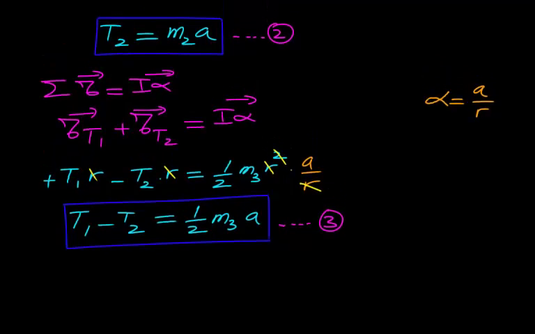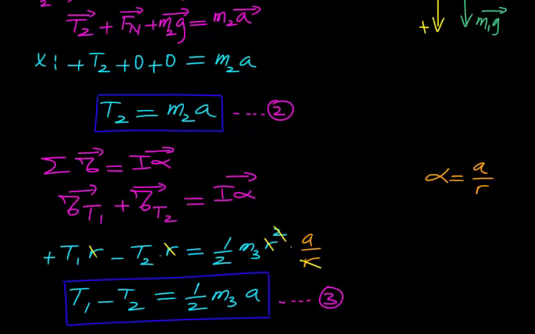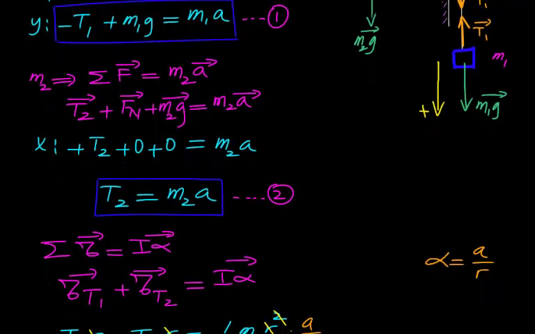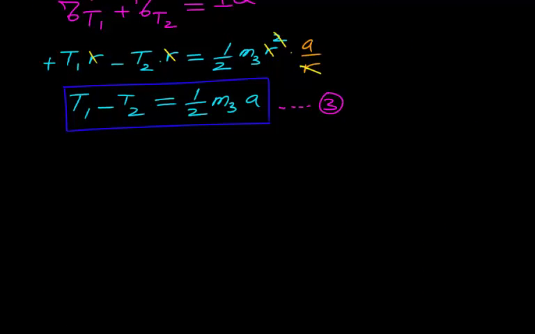All we need to do at this point is to add the three equations. Notice equation 2 has a positive T2. Equation 3 has negative T2. Equation 3 has a positive T1. However, equation 1 has negative T1, which means if you add the three equations side by side, all the tensions are going to cancel.